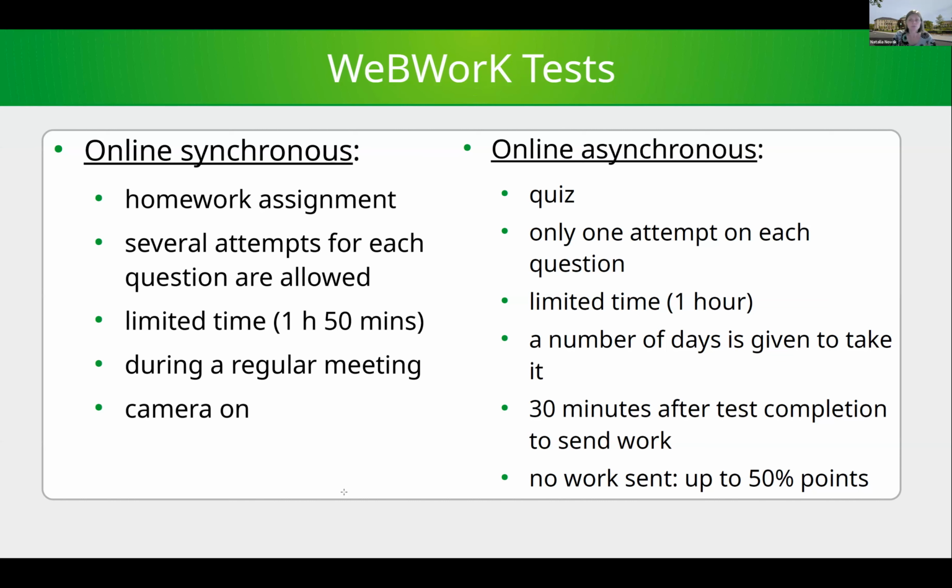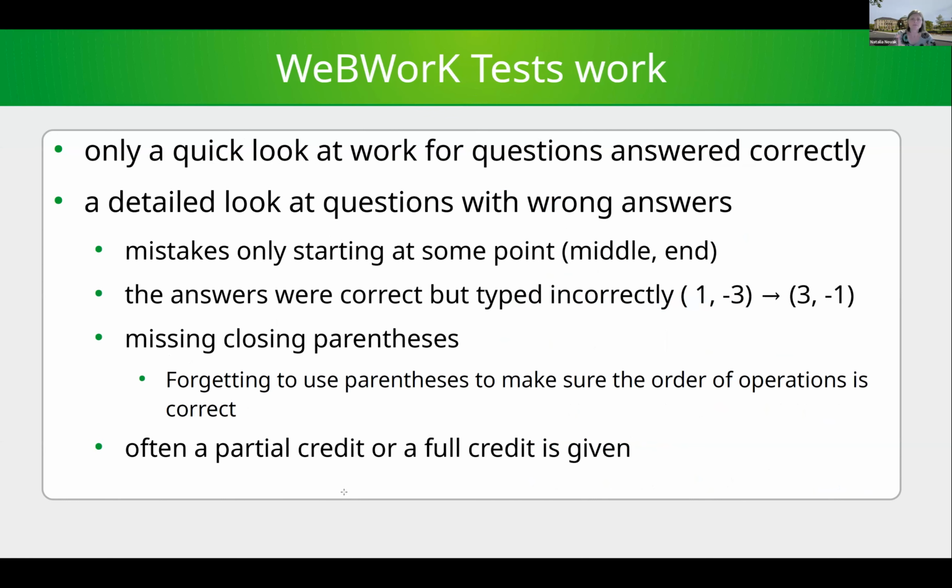There are some things I will talk about. What I realized this time is that I should ask for the work to be submitted even for the synchronous class, because students sometimes make mistakes, and they are sometimes silly mistakes.